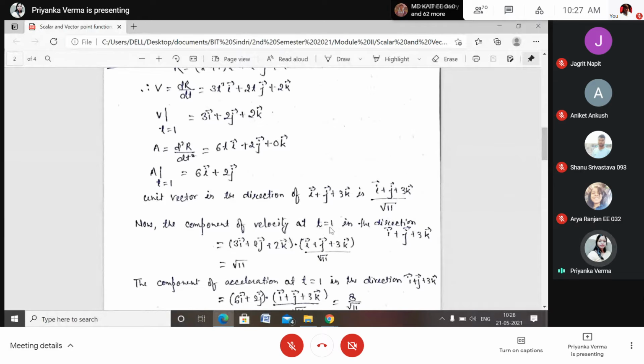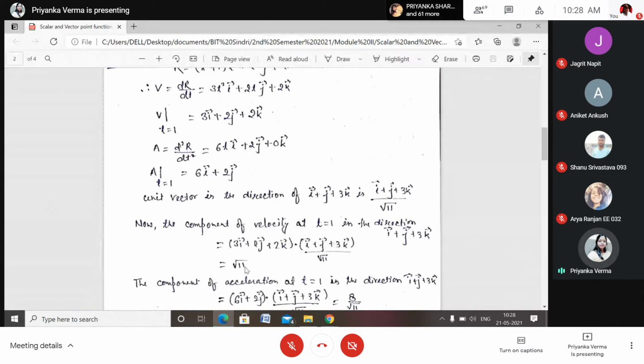And then the component of velocity at t equal to 1 in this direction will be the dot product of the velocity and this unit vector. So this will be 3i plus 2j plus 2k dot the unit vector, that means i plus j plus 3k by root 11. So this will give root 11.